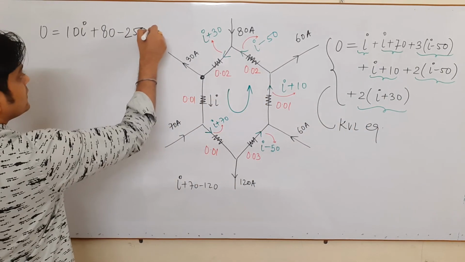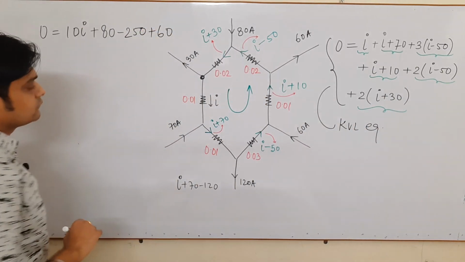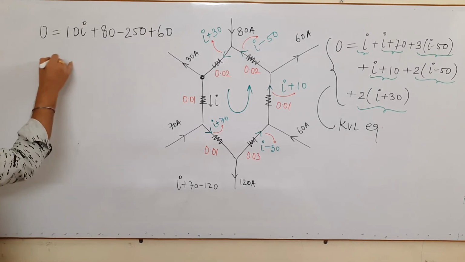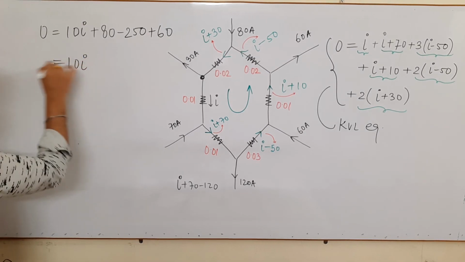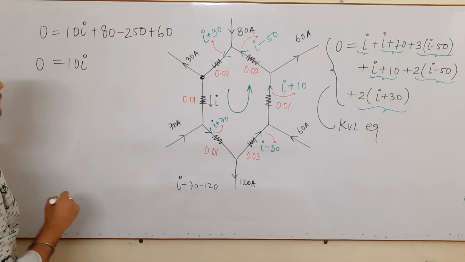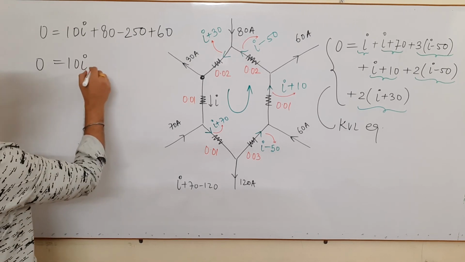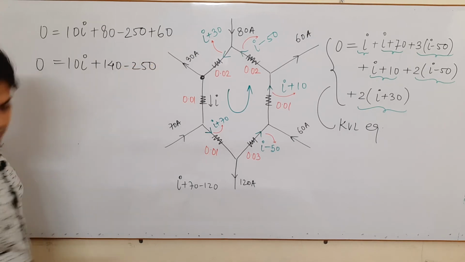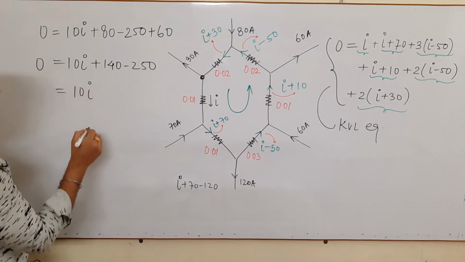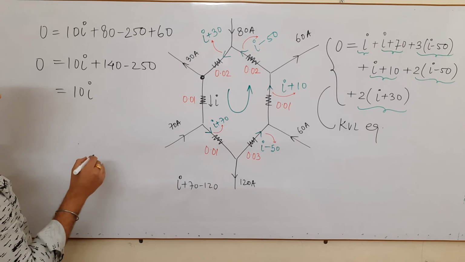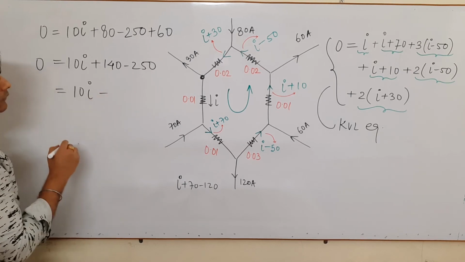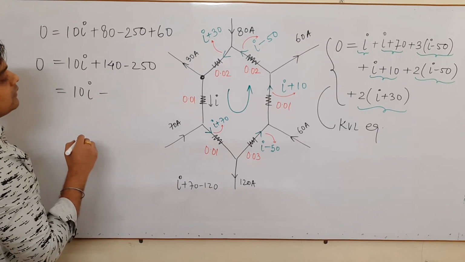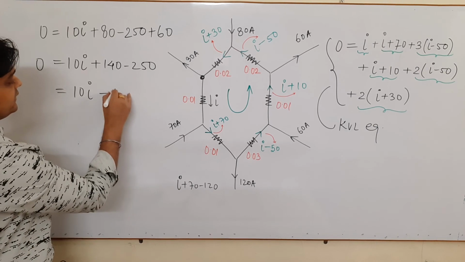And it is 60. Okay, you can solve it simply as an algebraic equation: 140 minus 250 and I, or it is minus 60, 110.